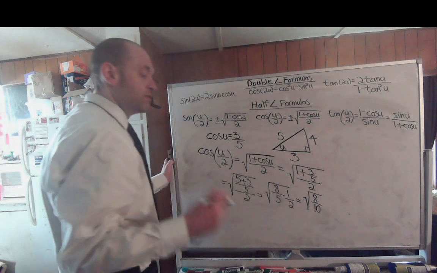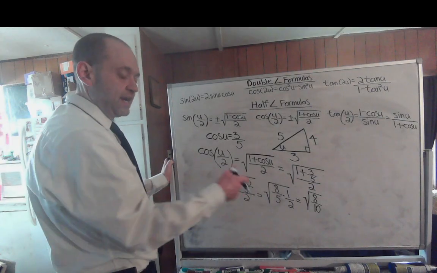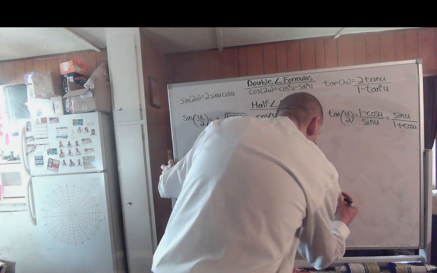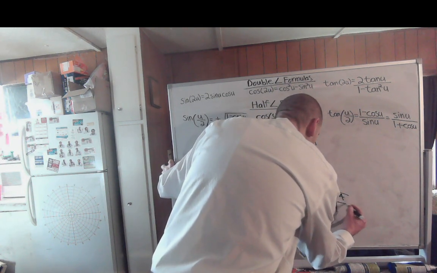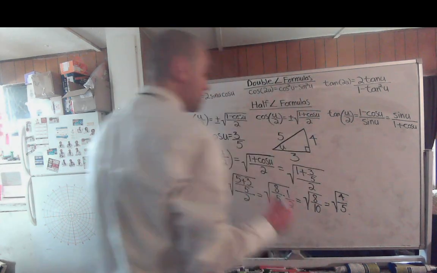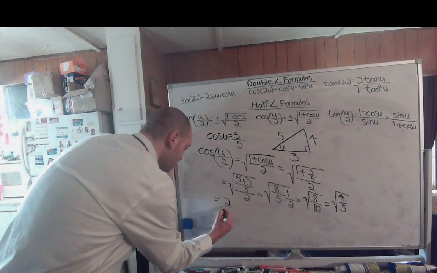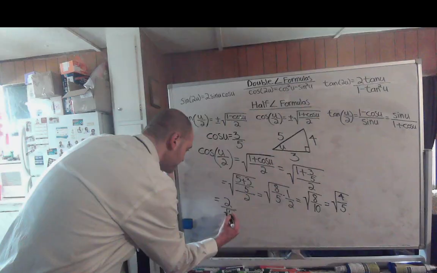Well, we know 8 over 10 simplifies, both 8 and 10 divided by 2. You would end up getting the square root of 4 divided by 5. Well, square root of 4 is a perfect square. You would get 2 over the square root of 5.